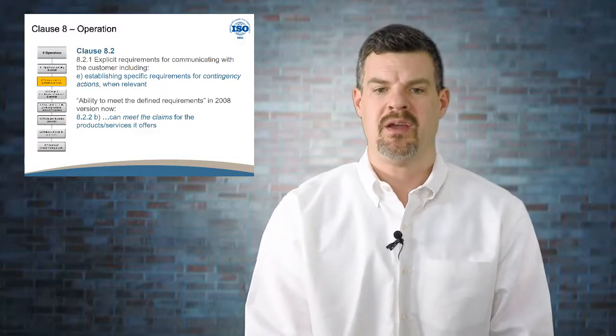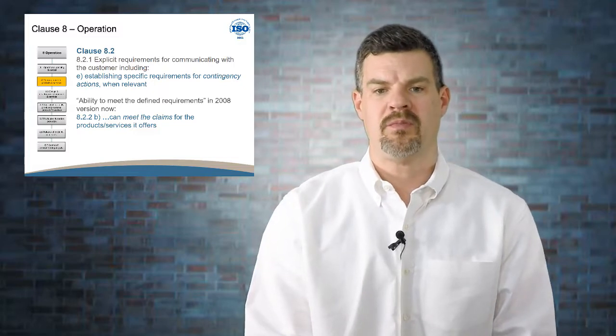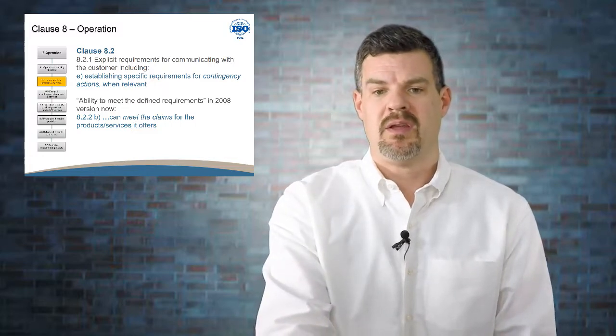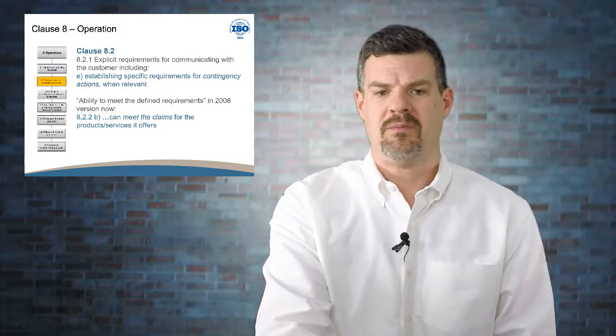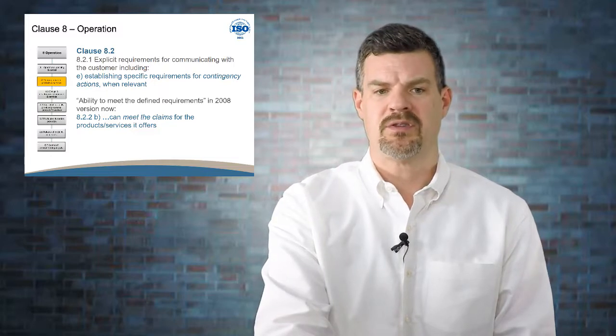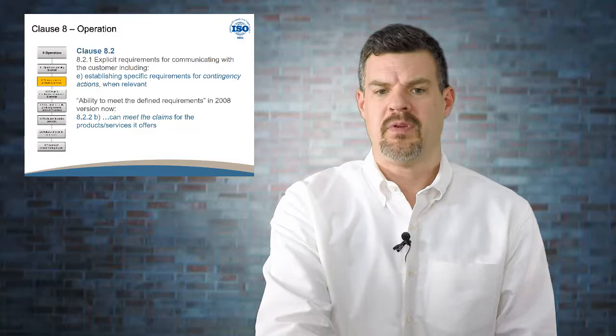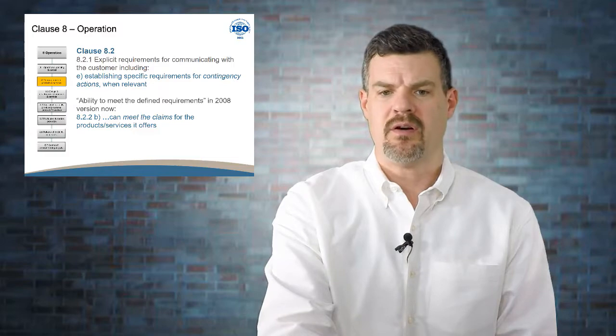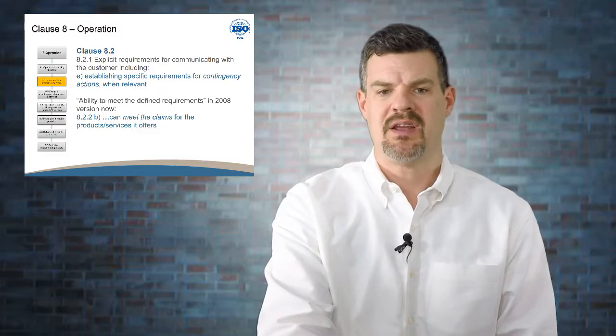So whatever you're claiming in terms of meeting the requirements, it used to say ability to meet the defined requirements, but can you meet the claims? I think that one is going to be a little strange to audit as well, and it'd be interesting to see some nonconformities there that vary from auditor to auditor to see, how do you substantiate that finding?